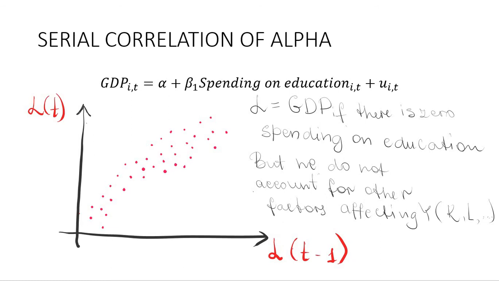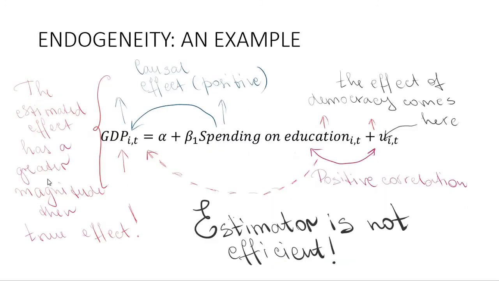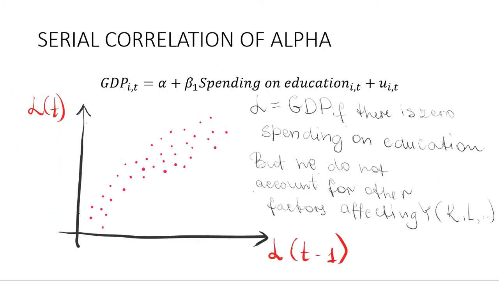And there is nothing we can do about this. Of course, you can try to ensure exogeneity by adding more variables and analyzing the correlation between variables and the error term. But when it comes to serial correlation of alpha, it's much more complicated. That's why OLS is not the best option for you.